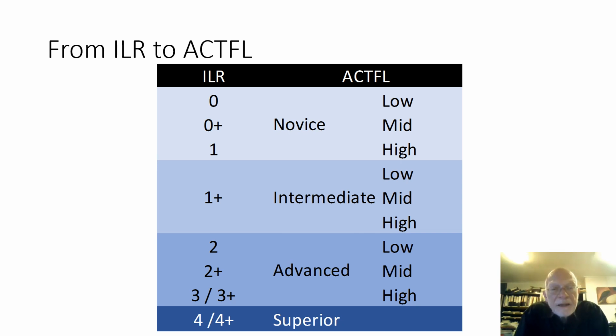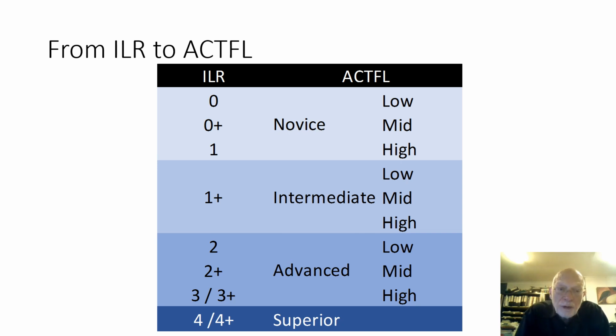They decided that the levels 0, 0 plus, and 1 would be labeled novice level. And you could have novice low, novice mid, and novice high. Then the 1+ level of the ILR was divided in 3 levels also, which were called intermediate low, intermediate mid, and intermediate high.